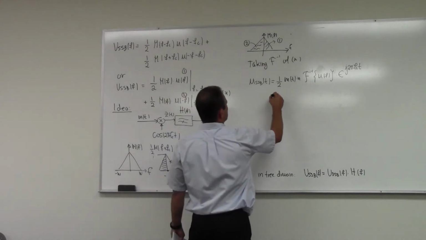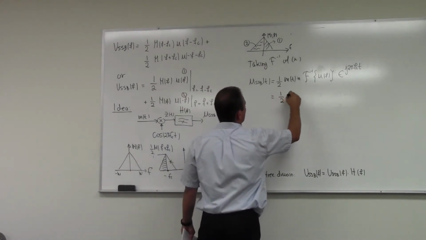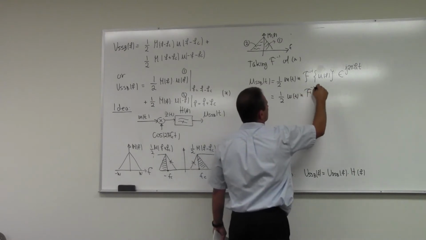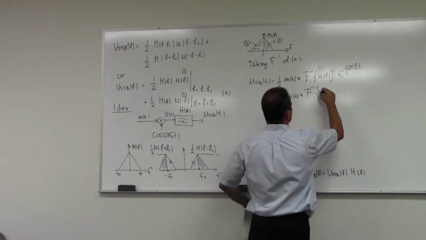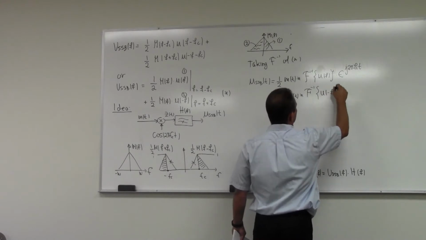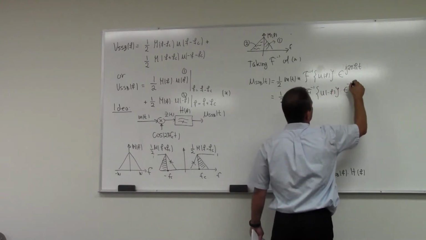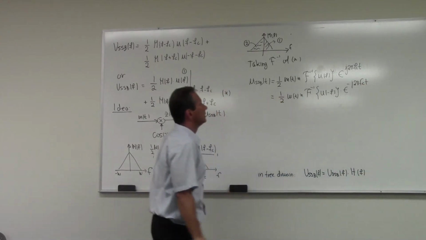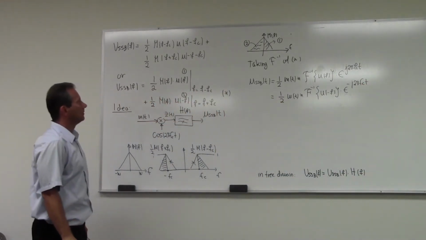And then here this becomes 1/2 m of t, inverse Fourier transform of u of minus f, and then translated to the minus j 2 pi fc t. Again, translated in a frequency domain.